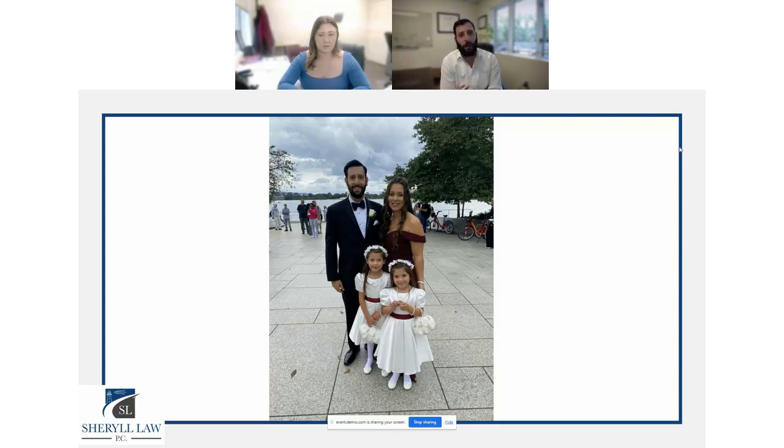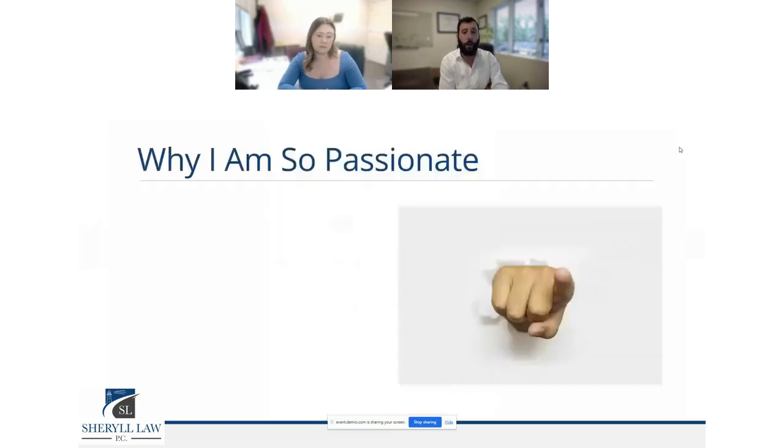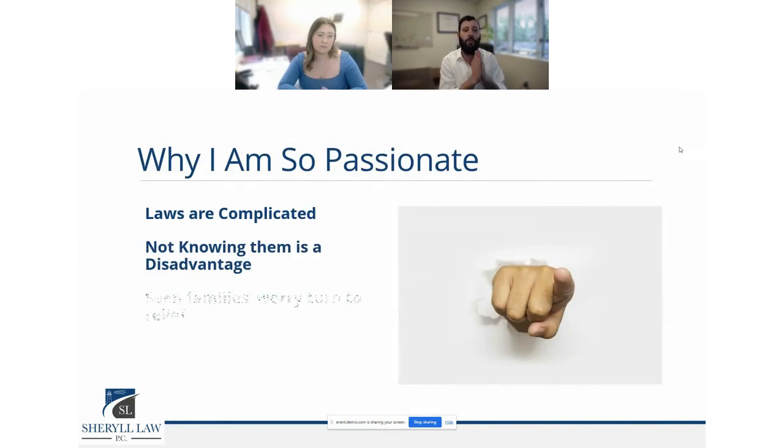And so it's not just about the dollars, right? It's about the weddings, it's about the births, it's about the investments that can be made, the businesses that can be started, the peace of mind and security that you can leave your loved ones. And I'm so passionate about what we do because the laws are so complicated, and when people don't know them, they lose out. They lose out because they had opportunities to protect their assets.